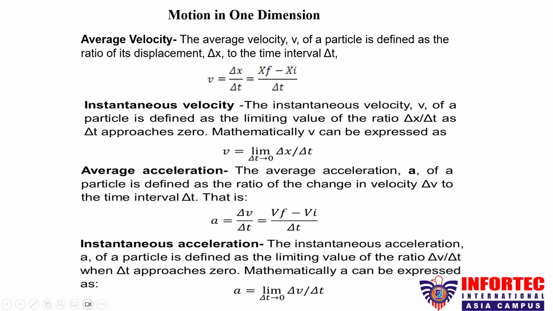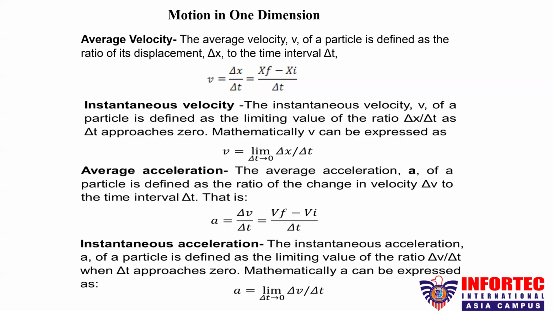Again, we can define instantaneous acceleration the same as instantaneous velocity. We define the instantaneous acceleration of the particle as the limiting value of the ratio delta v over delta t when delta t approaches 0.